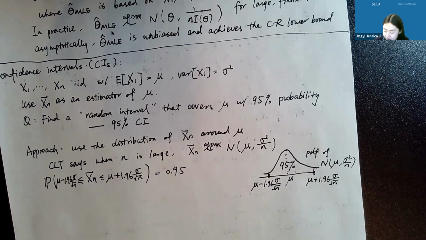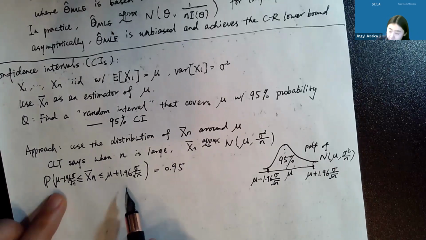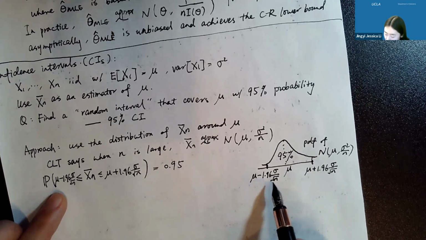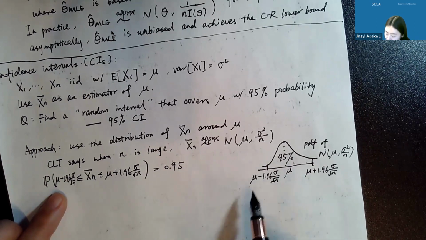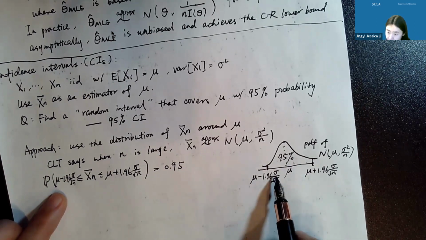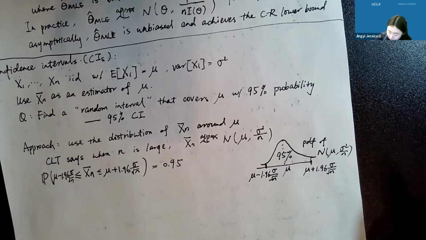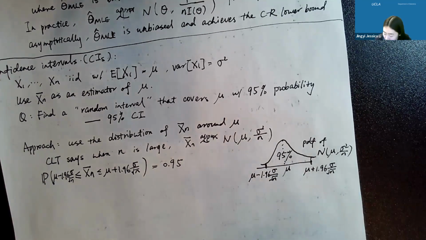However, this interval is not what we want. The reason is that this interval is not random. It involves mu and sigma, both of which are constants, unknown parameters. What we want is an interval that's random and contains mu.